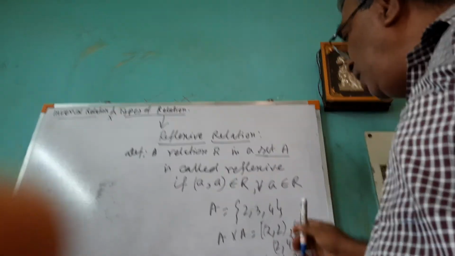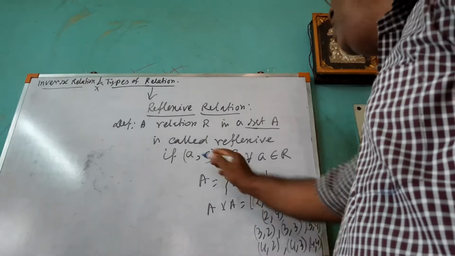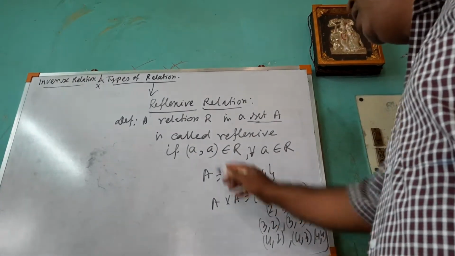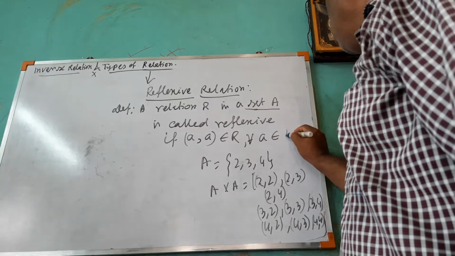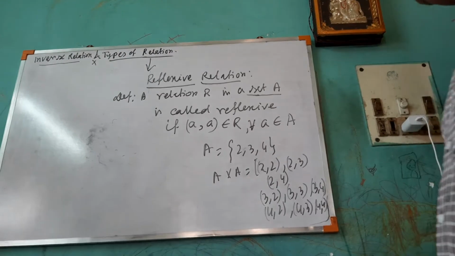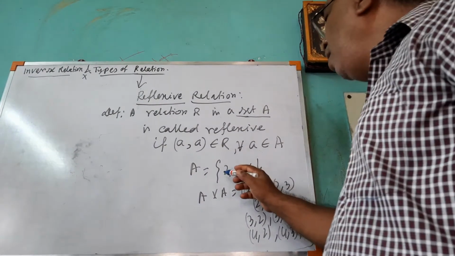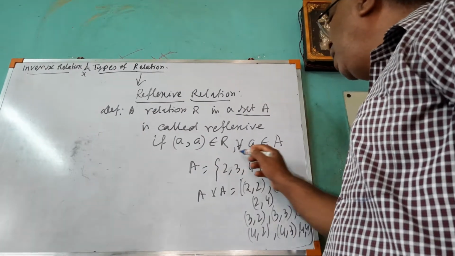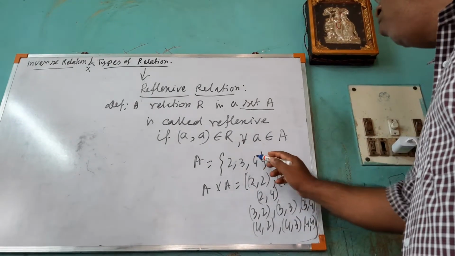Now I am considering a relation from this set which is reflexive. That means (a, a) belongs to R for all a belonging to set A. Here in this set A, how many elements? 2, 3, 4.